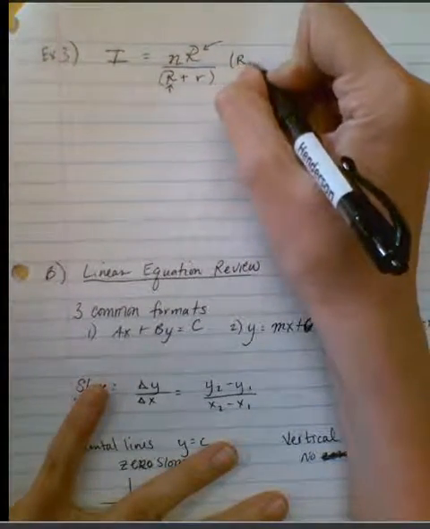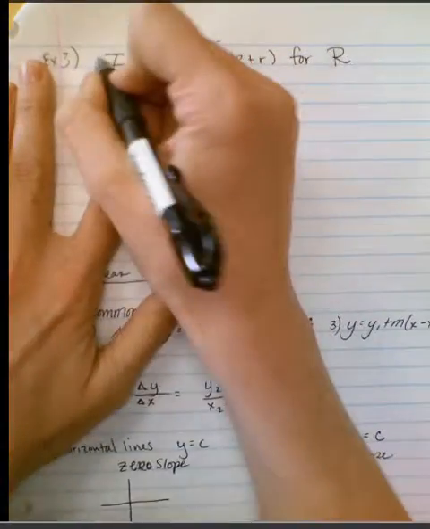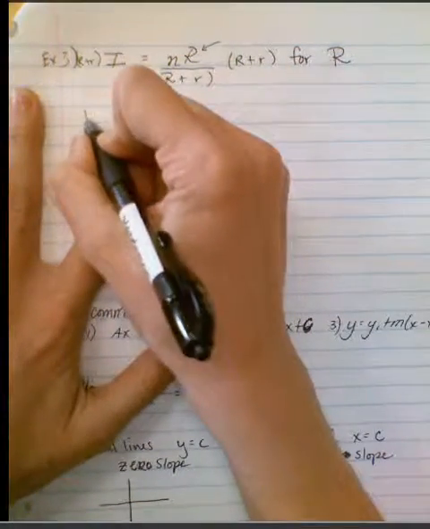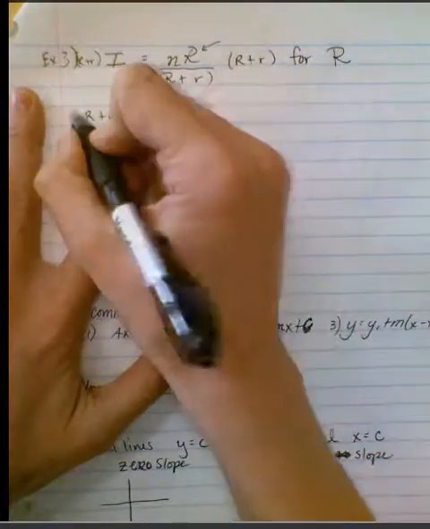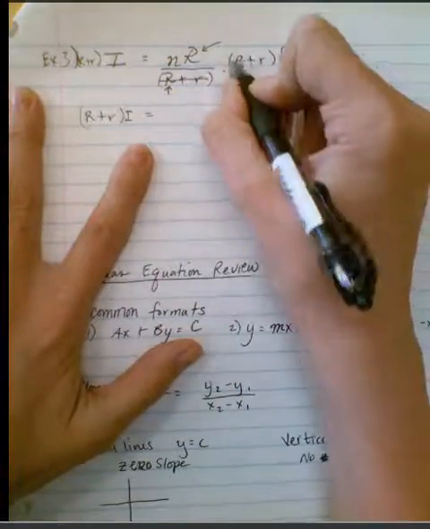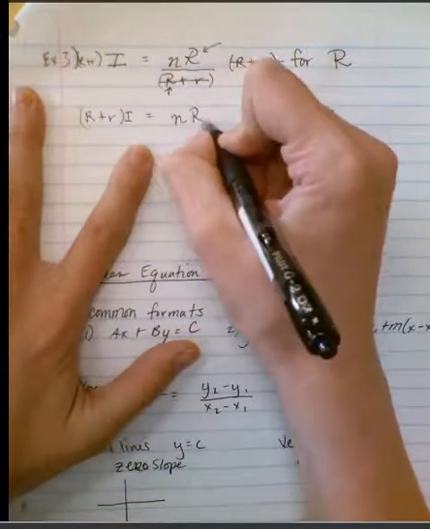I'm going to multiply both sides by that quantity to make my life easier. So r plus r times I equals, quantity cancels with quantity, n r.